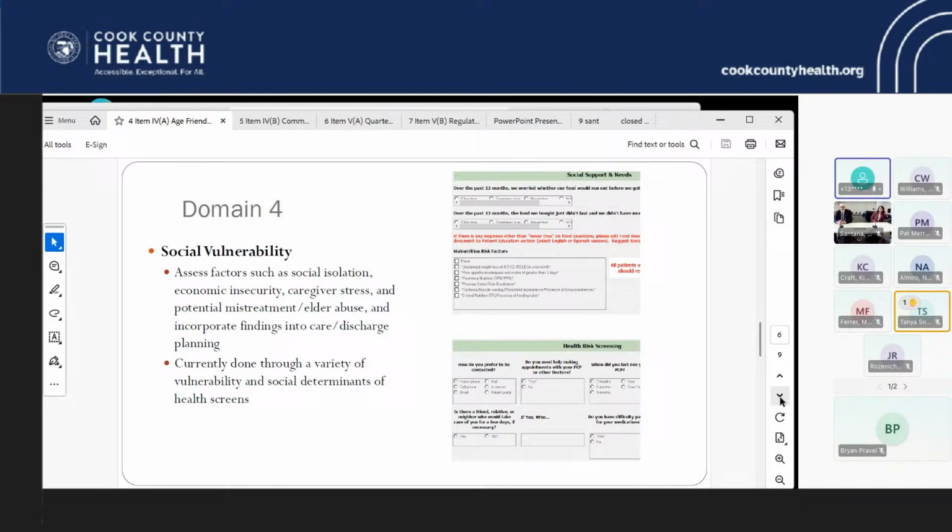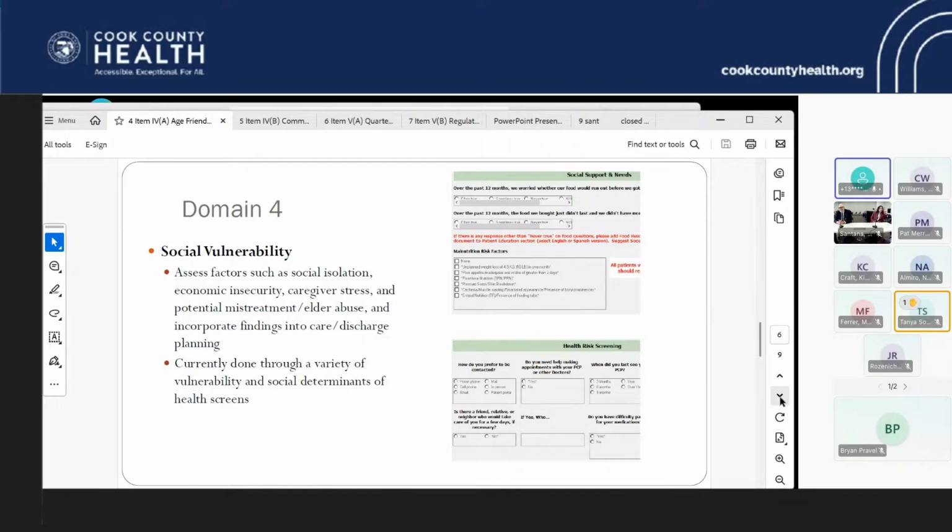Our social vulnerability questions are standard and asked for all patients across the system, and they include specific questions about economic insecurity and caregiver stress. So the standard question is stratified by age.